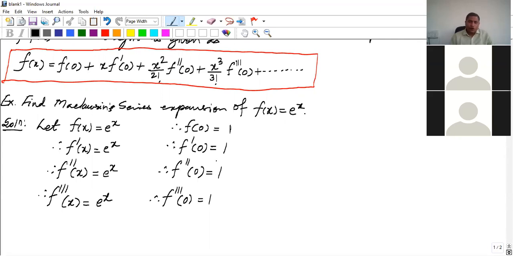At least 3 are required, and hence we can write the Maclaurin series expansion.